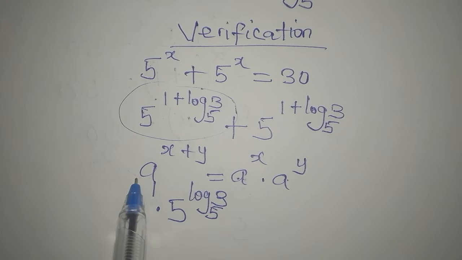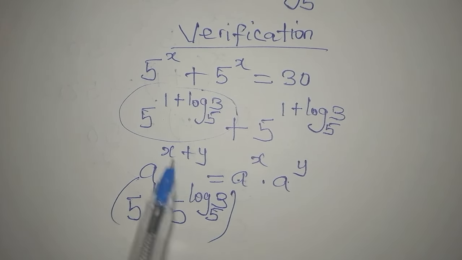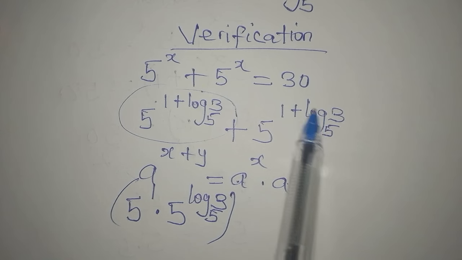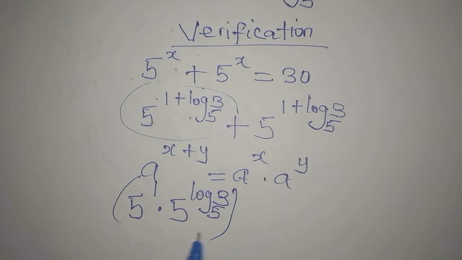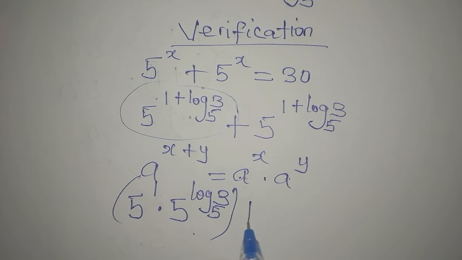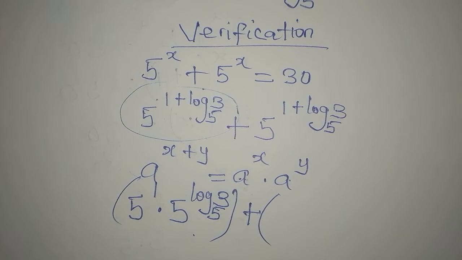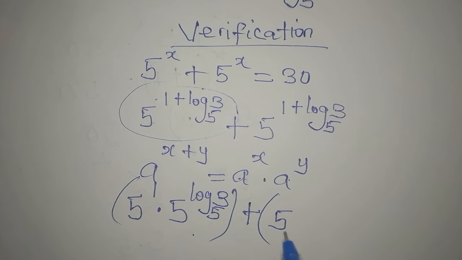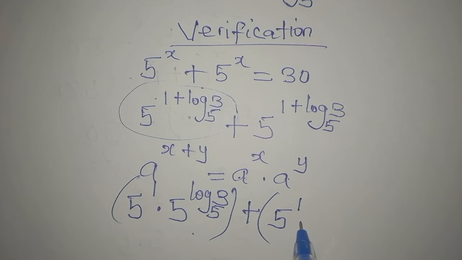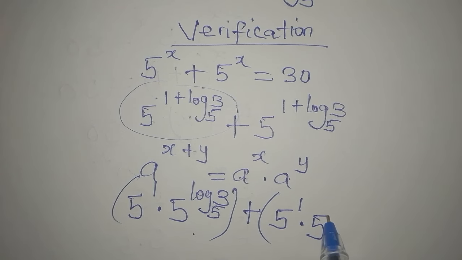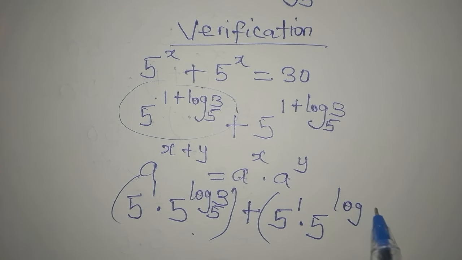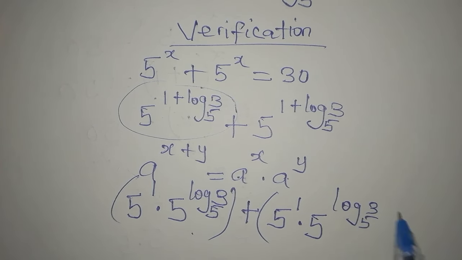Okay, so this right here is for this one. Then here again, we're going to have the same thing. So I'll have plus, maybe let me open brackets so that we can separate them. We have 5 again to the power of 1 times 5 to the power of log 3 to base 5.